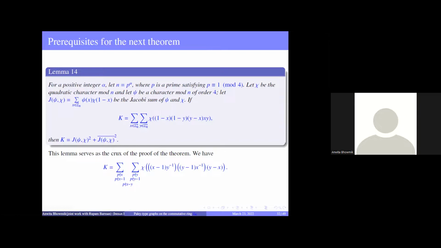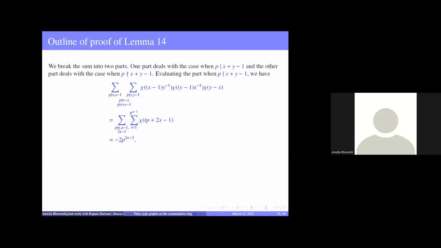To do that, we exclude the case where p divides x plus y minus 1. If p divides x plus y minus 1, we see that the sum is minus 2 times p to the power 2 alpha minus 2. Then K is reduced to this.